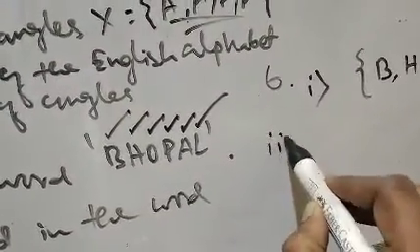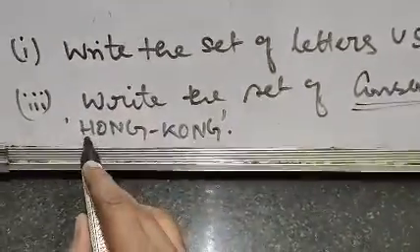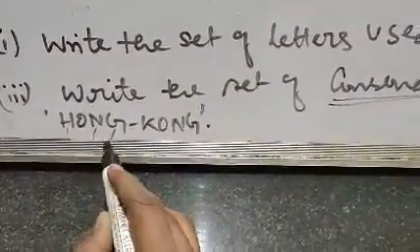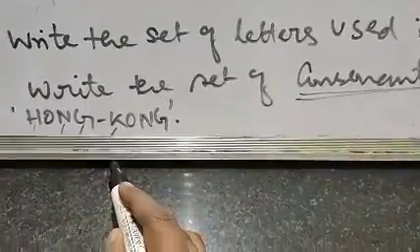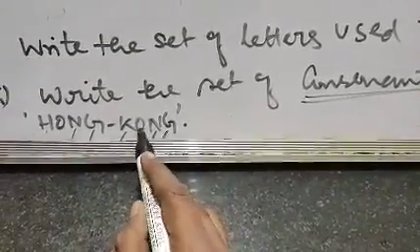Next, question number 3 says, write the set of consonants used in the word Hong Kong. We will take only consonants, not vowels. So H is a consonant, N is a consonant, G is a consonant. K is also a consonant. N and G are also consonants, because O is a vowel.